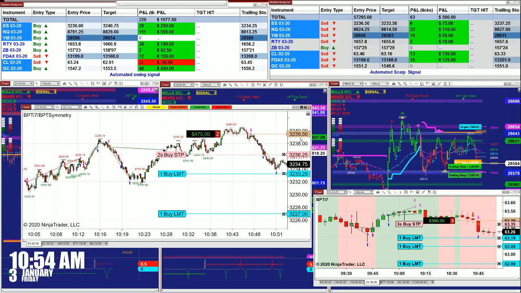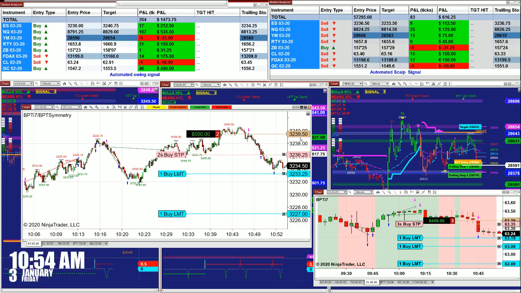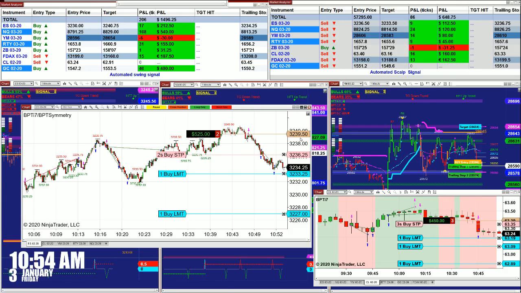The trailing stop has not been there. Here's the third one out. And then what I'm doing on those four contracts, you can put 10, 15, or 10, 20, 30, 40 ticks on each one of them.